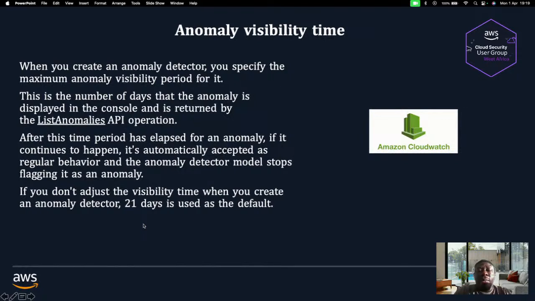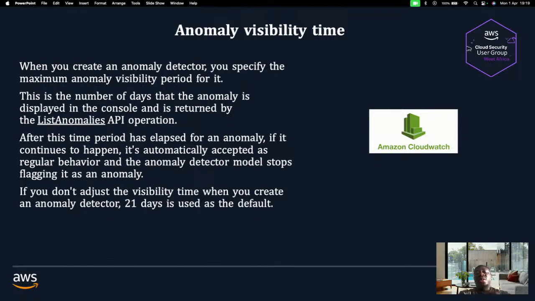Now, anomaly visibility time. What do we mean by anomaly visibility time? Anomaly visibility time is basically the time you specify during which you want to be able to see that anomaly. It could be a number of days or a number of hours, that the anomaly is displayed on the console and returned by the List Anomalies API operation.